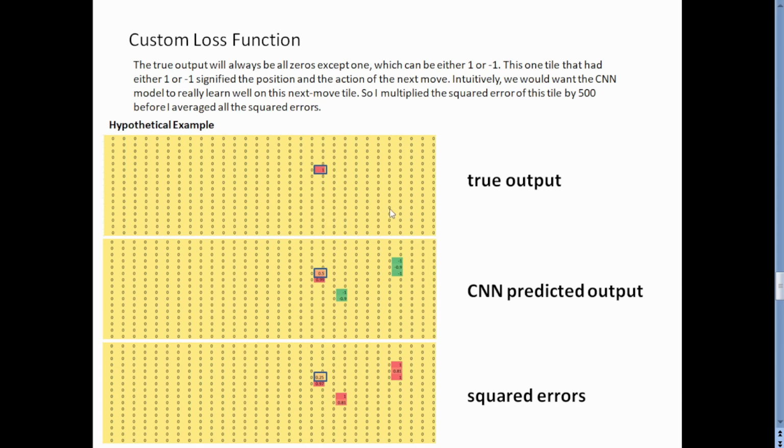As an example, let's say this first array is our true output and the next move is highlighted by this blue square, and the second array is the CNN predicted output. I will first compute the square errors between the two outputs, which are shown as the third array.